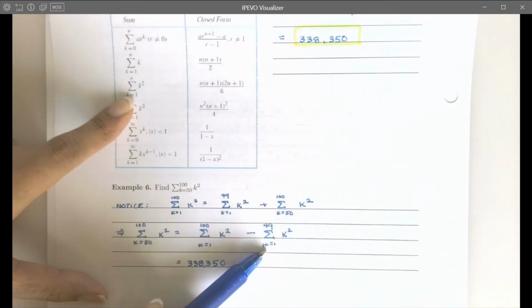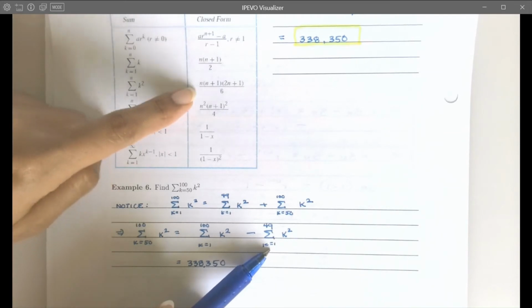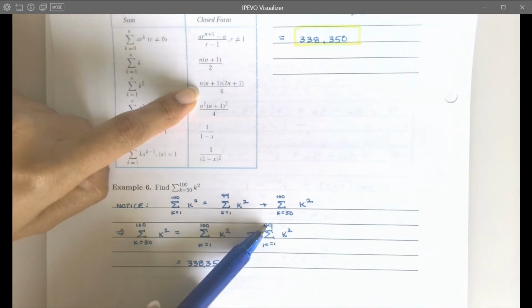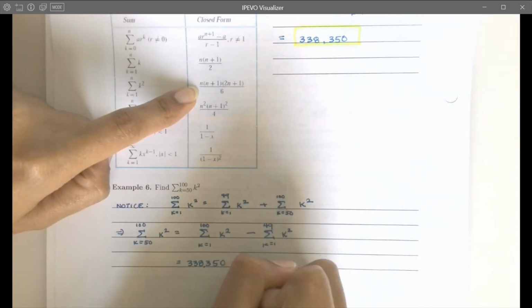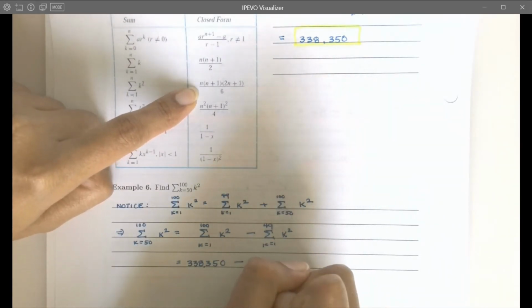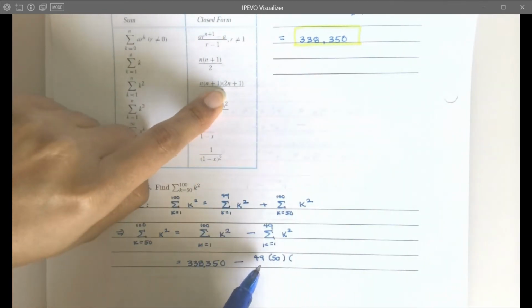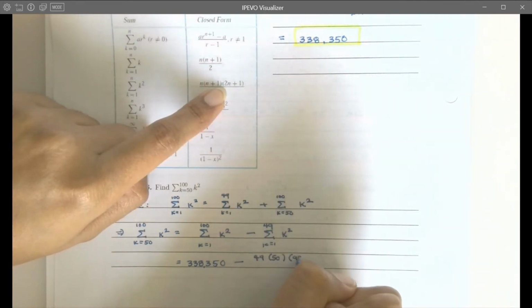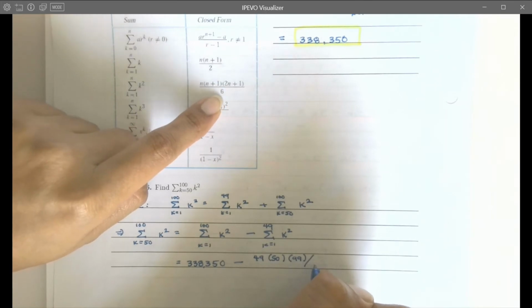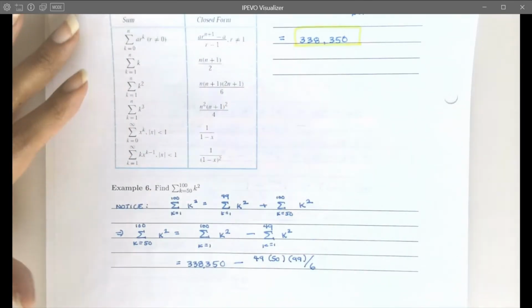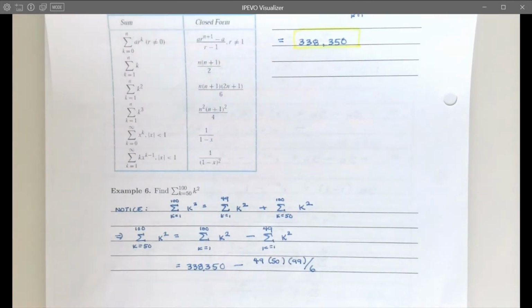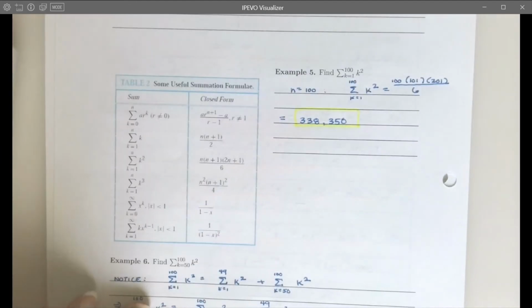For this number, we just have to apply the formula one more time, but now the n is 49 instead of 100. So we're going to get, this is minus 49 times 50 times, let's see, 49 times 2, that's 98, plus 1, that's 99, divided by 6. Okay, so let's give it a try.